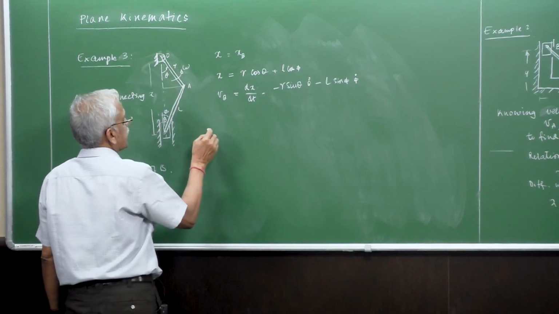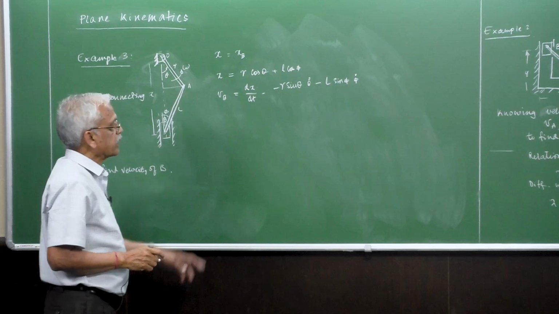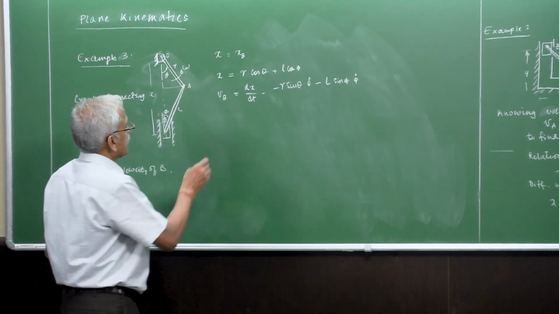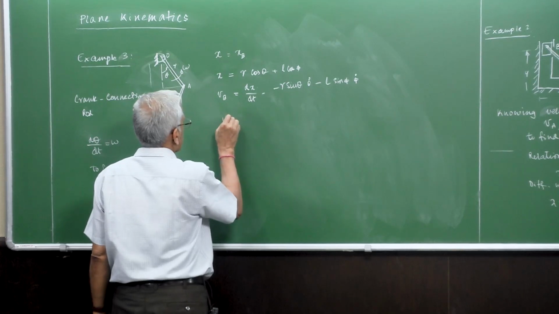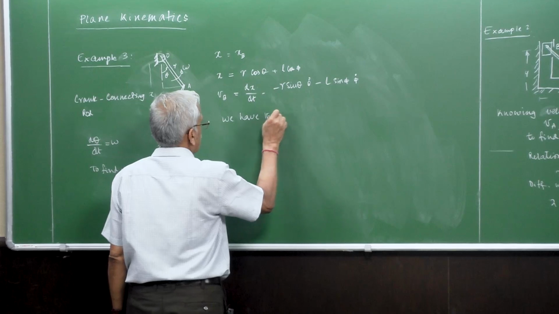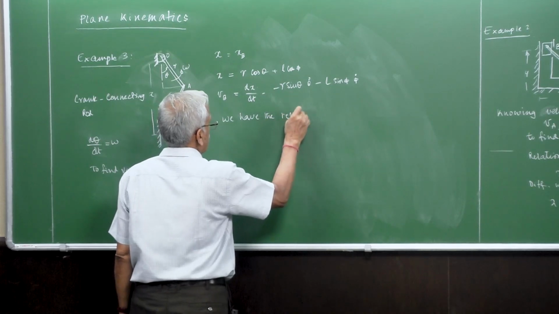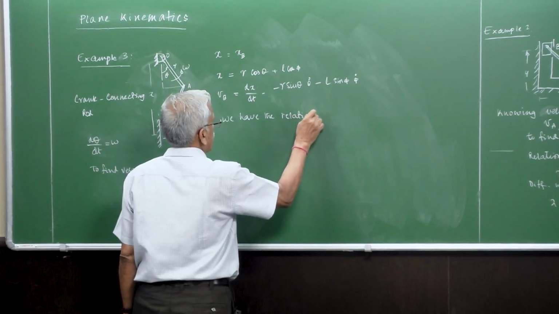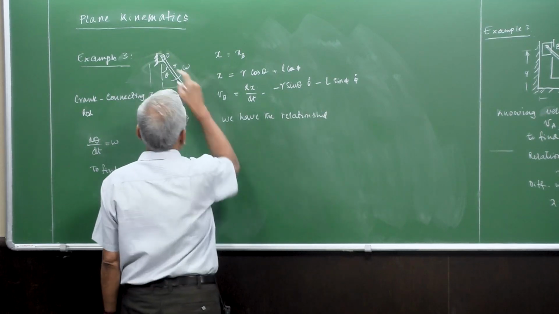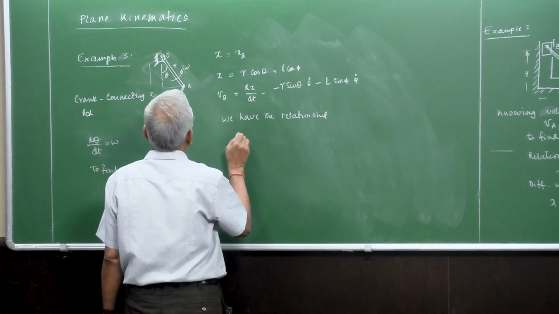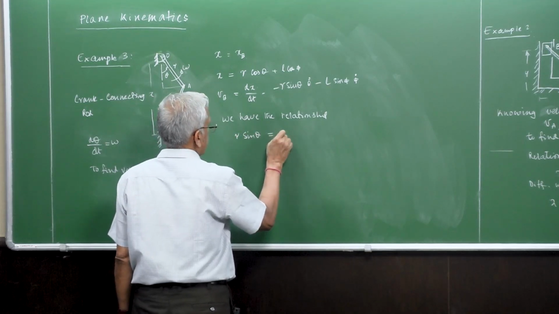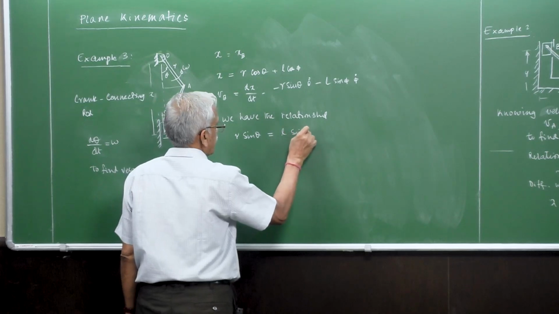For that, we have a geometric relationship here. So r times sine theta, the projection of this crank on the horizontal line, is equal to L sine phi.